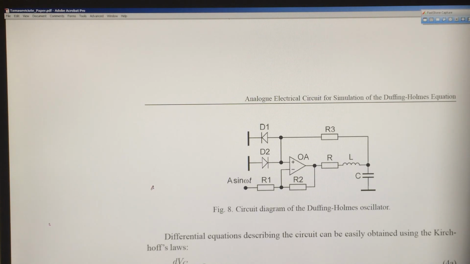Here is the circuit that contains only two diodes, an operational amplifier, three or four resistors, an inductor and a capacitor. The chaotic behavior will be seen in analyzing the voltage of the capacitor and the current going through the inductor.